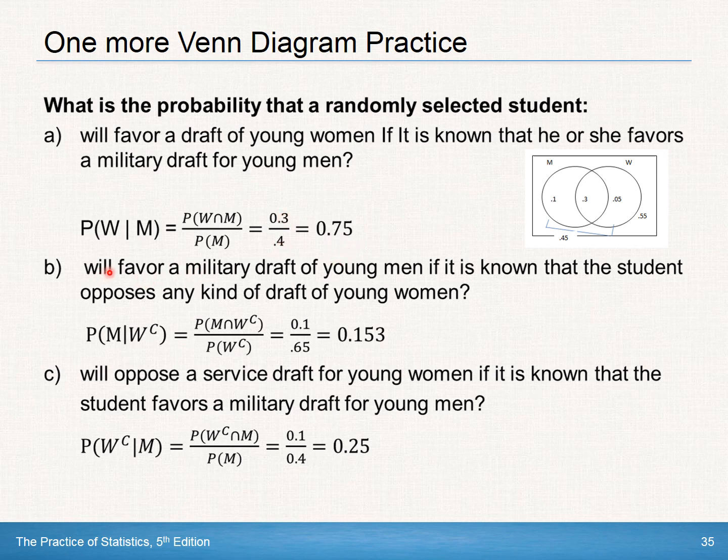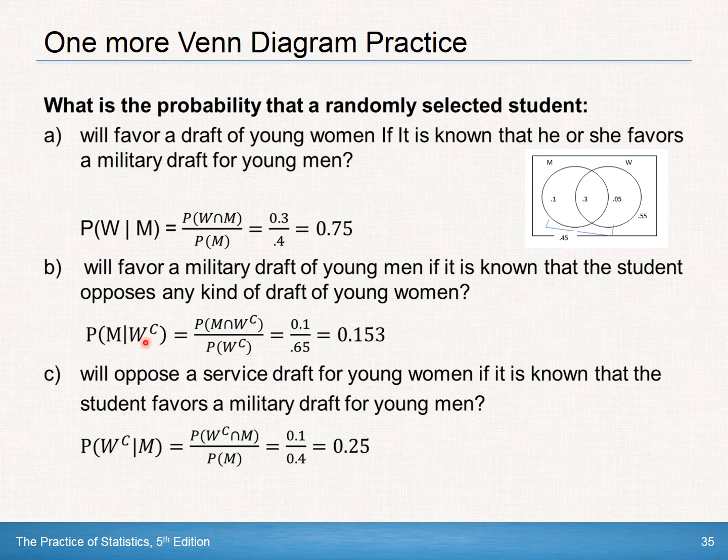Do your division: 0.75. Okay, what is the probability that will favor a military draft of young men if it's known that the student opposes any kind of draft for young women? So our conditional probability, the given, is that they oppose any draft for young women. So take a look at our notation that we have here. The probability that they favor a draft for men given women complement.